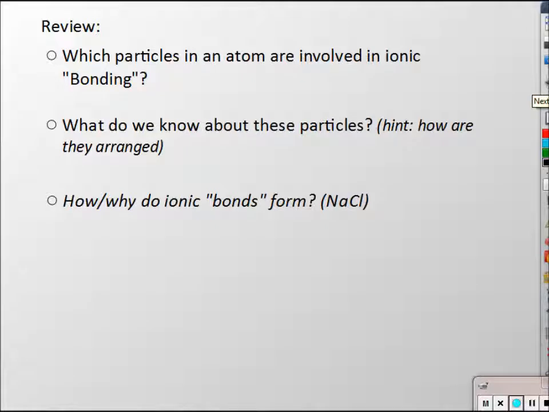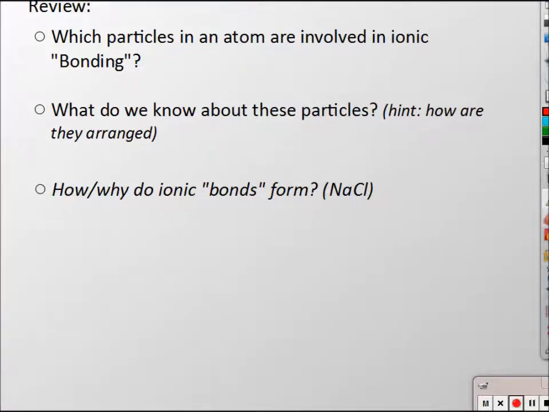We talked last chapter about ionic compounds and ionic bonding. We know that the electrons are the particles involved in ionic bonding. We know that one electron is transferred in an ionic bond, so we end up with a positive ion and a negative ion, and those two will attract each other.